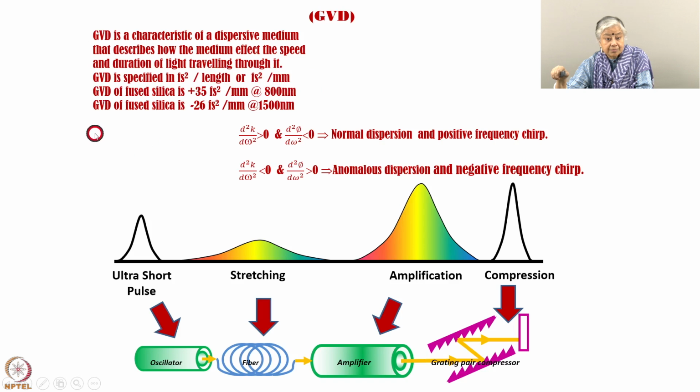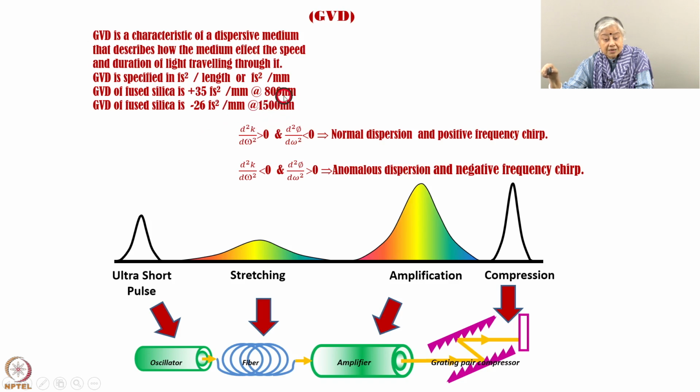Just to give you an example, GVD of fused silica is 35 femtosecond square per mm at 800 nanometer. Okay. And GVD of fused silica is minus 26 femtosecond square per mm at 1500 nanometer.